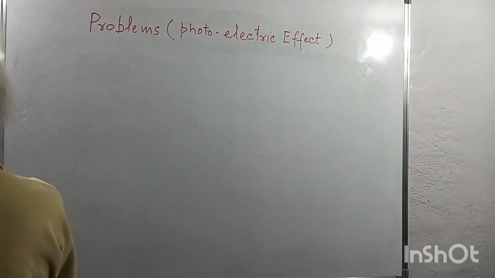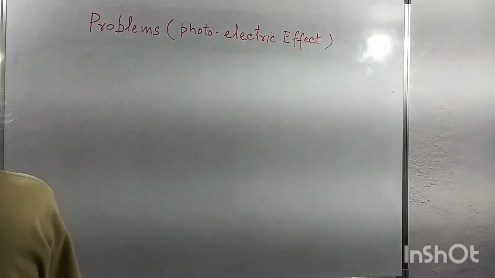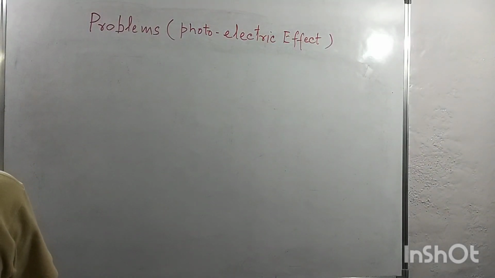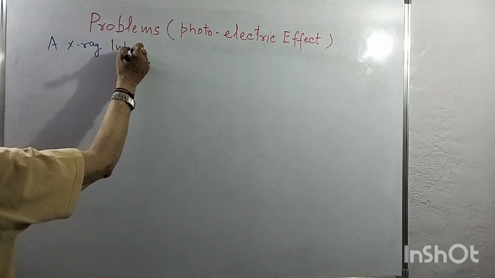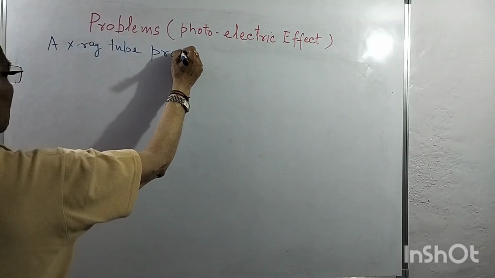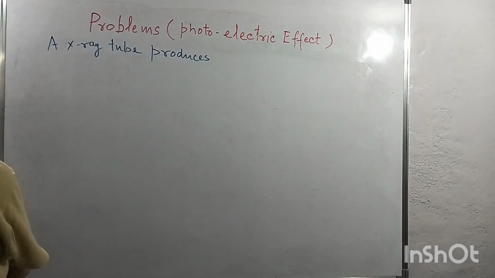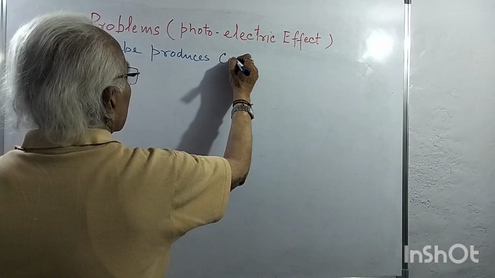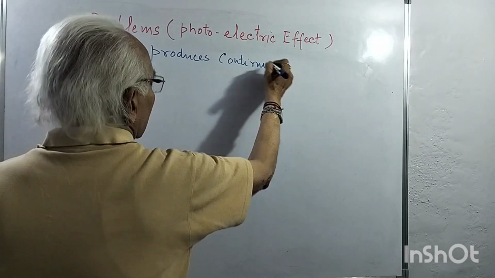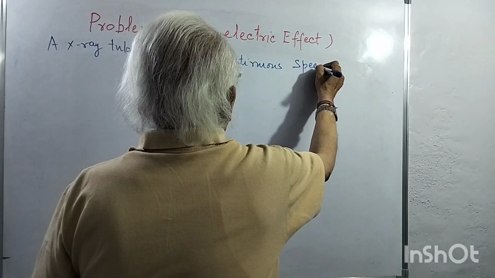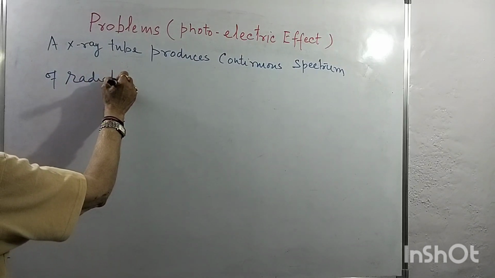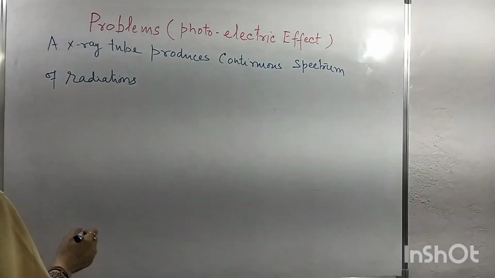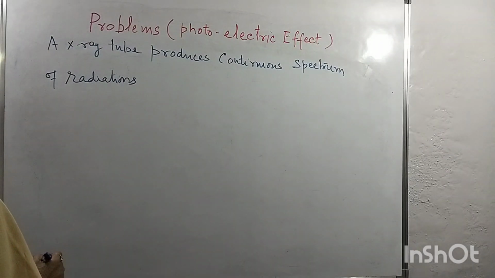What we have: an X-ray tube produces a continuous spectrum of radiation with a short wavelength end of 0.45 angstrom.